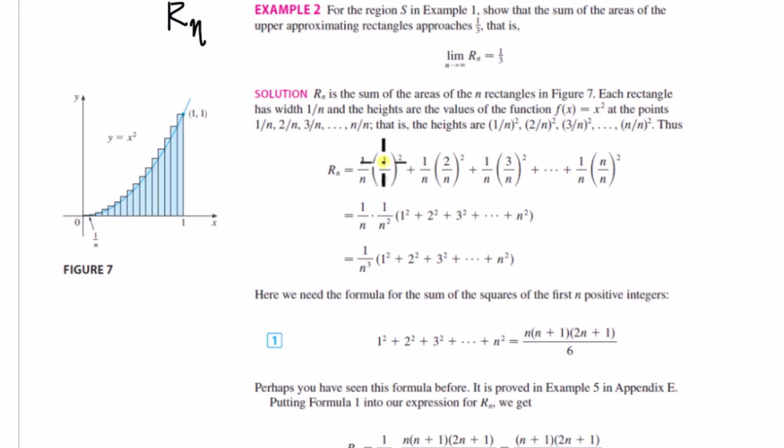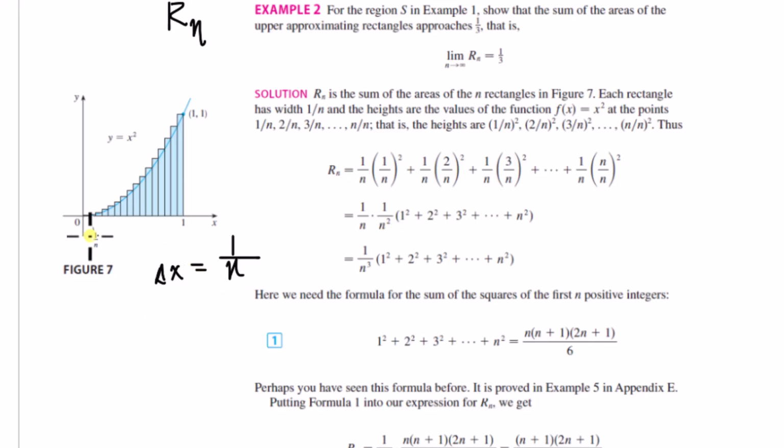But then the height is based on the right endpoint. The right endpoint of the first strip is just going to be 0 plus delta x, and delta x is, again, 1 over n. So the height of the first strip is you plug 1 over n into the function. So 1 over n times 1 over n squared.